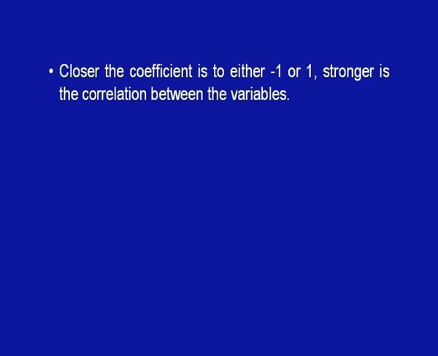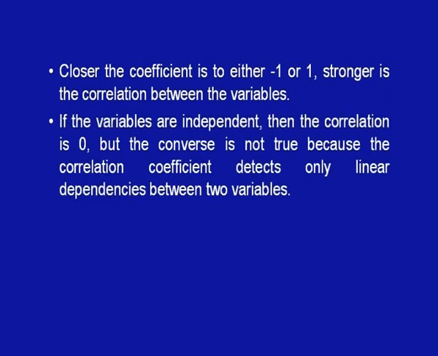The closer the coefficient is to either -1 or +1, the stronger is the correlation between the variables. If the variables are independent, then the correlation is 0. But the converse is not true, because the correlation coefficient detects only linear dependencies between two variables.